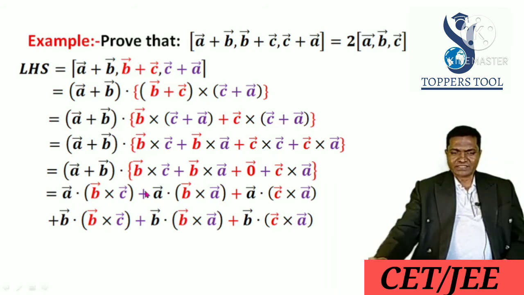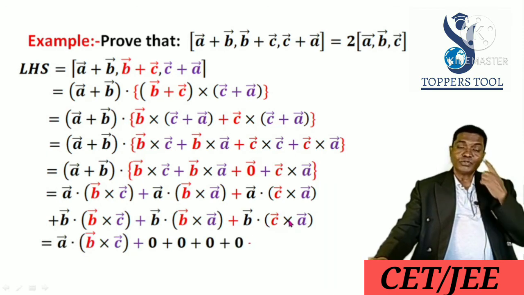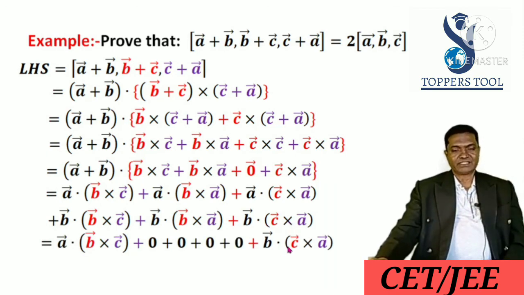Here in the first term all the vectors are different: A, B, C. Now in this case you have A and A, meaning two rows will be identical. In this case also you have A and A. In this case you have B and B vectors. Here also B and B. So except the first and last terms, all the terms are going to be 0, because in those you have two identical vectors. So you will be left with this much.